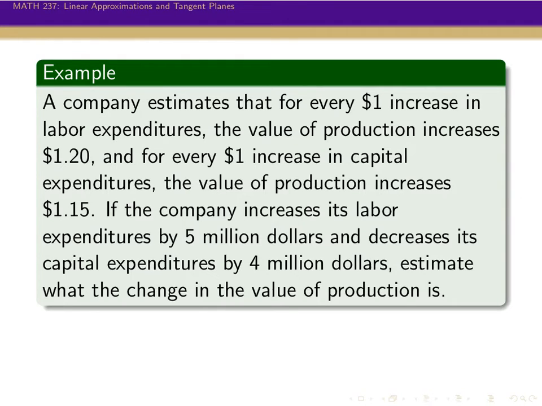Okay, so going back and looking at this, we see that its labor expenditures are increasing by $5 million. And every dollar increase in labor expenditure causes an increase in production by $1.20.